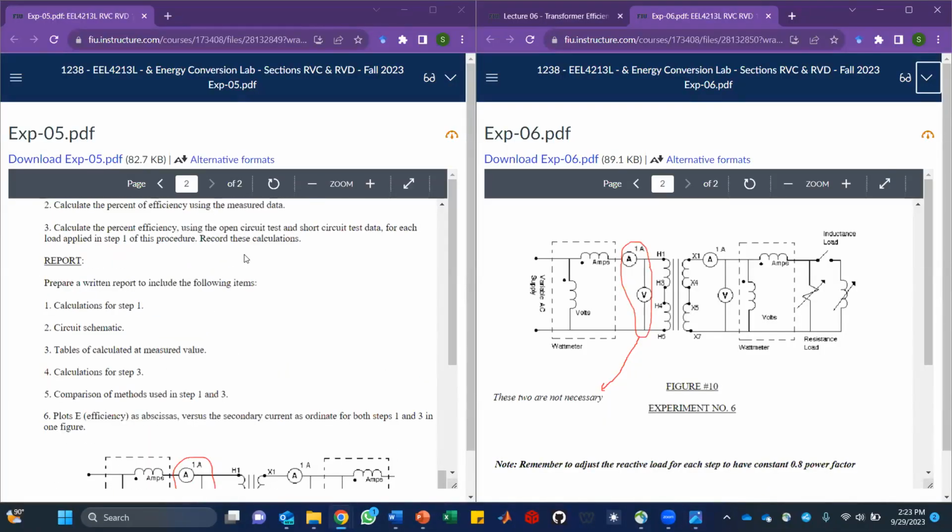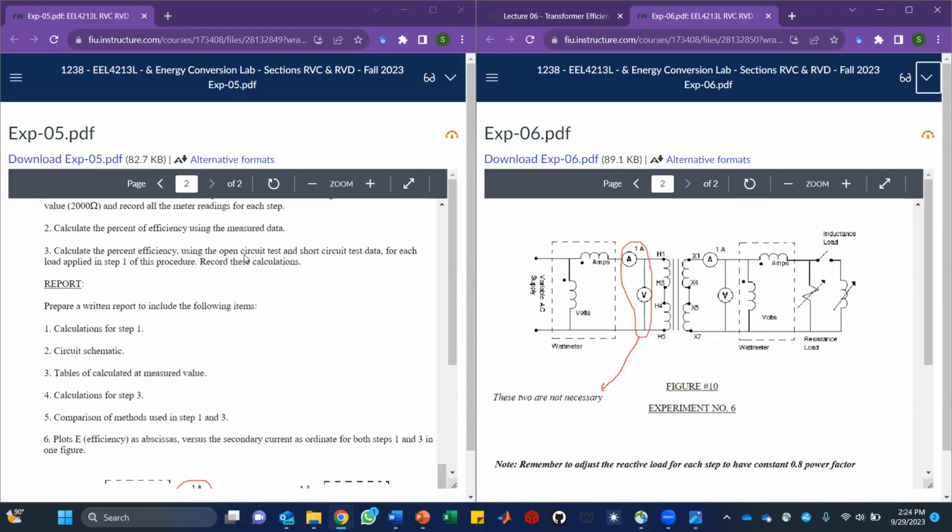Report section. So this is the manual. For experiment number 5 and 6, you need to actually put calculation steps and schematic diagram. There will be two circuits because we use two circuits, one for resistive load, one for RL load.